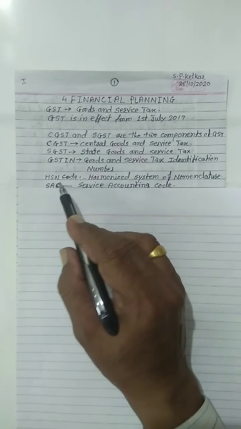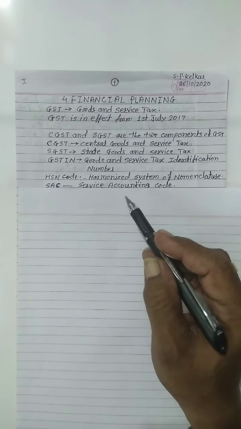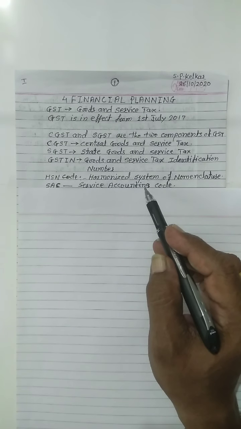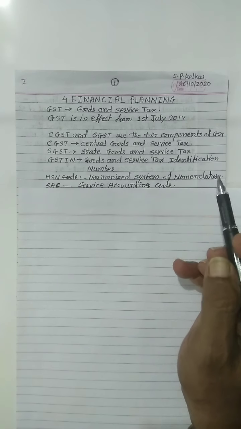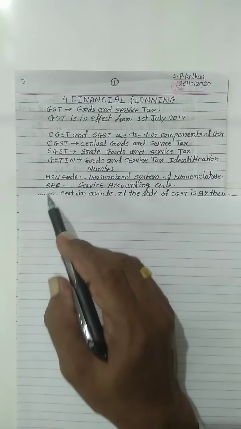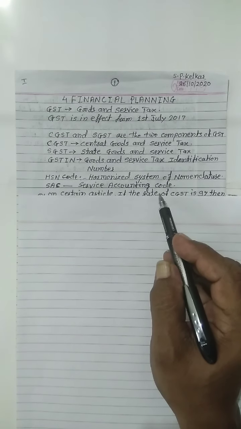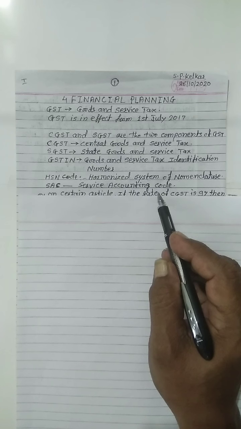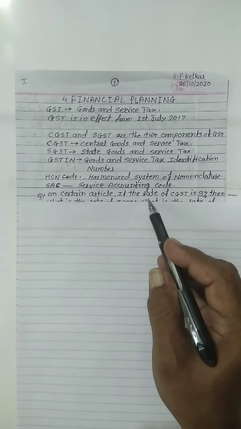Now, HSN code means Harmonized System of Nomenclature. Now SAC, Service Accounting Code. This code is used at the time of accounting.